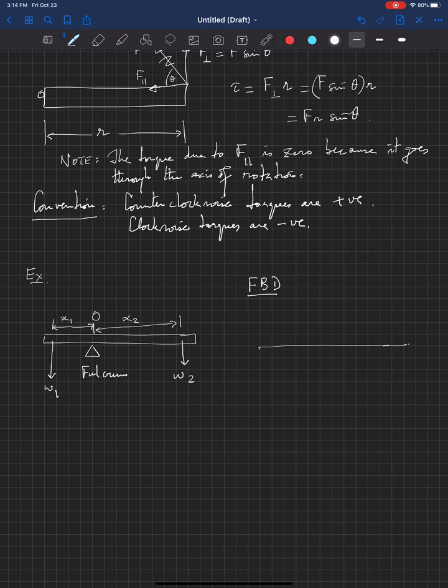Interesting what this Apple iPad will do. Okay, so here's my bar. Here's W1. This is the point O. Let's draw the forces first. Here's W2.